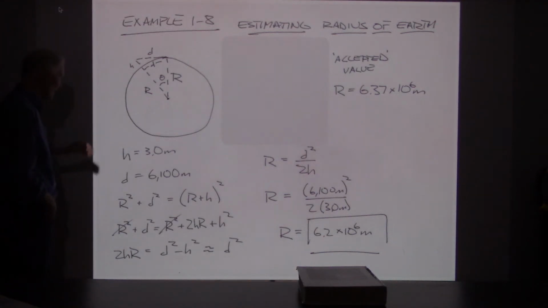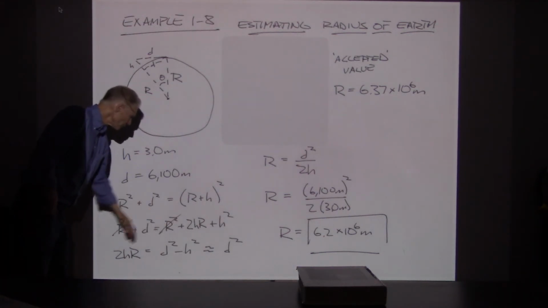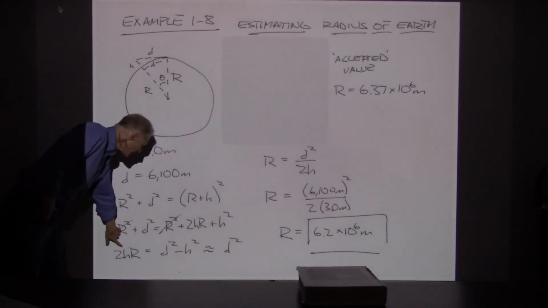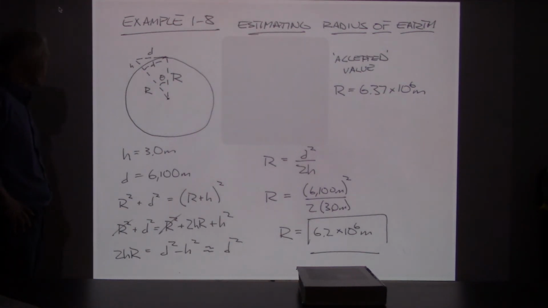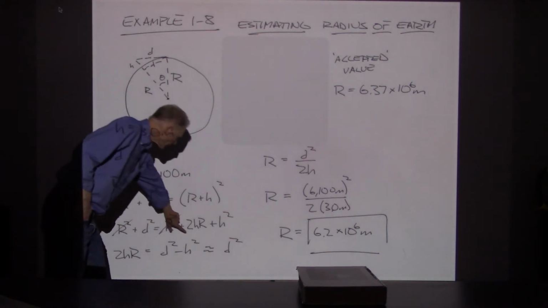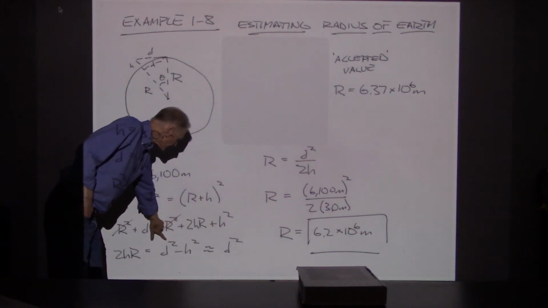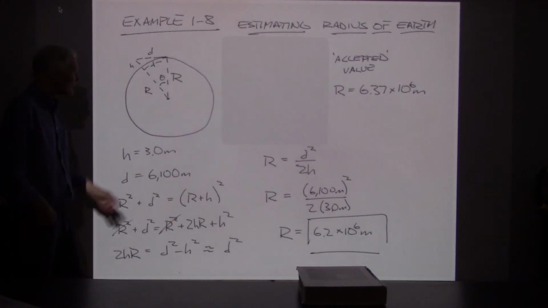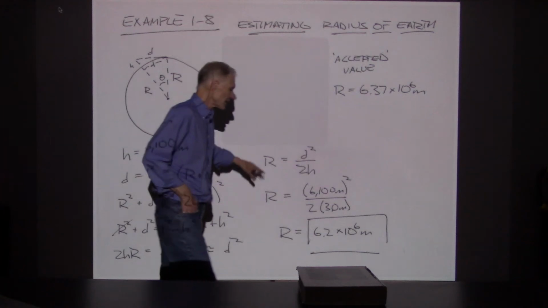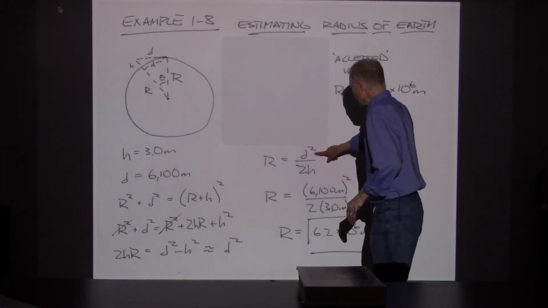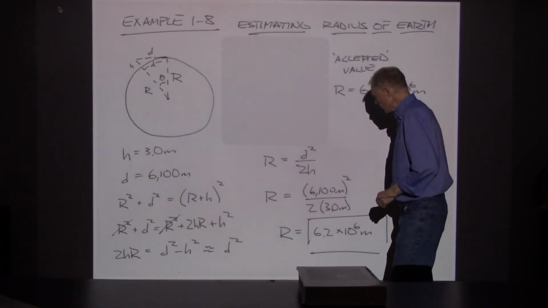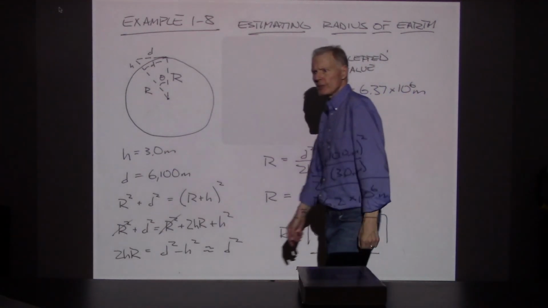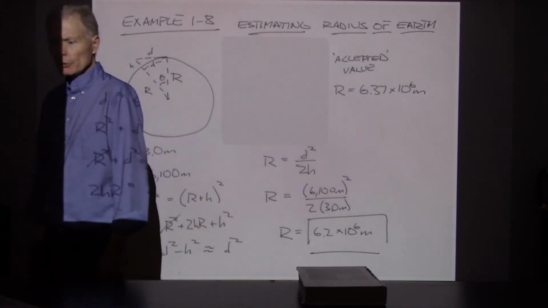When we multiply that out, the r squareds cancel, and we get 2hr equal to d squared minus h squared. Now, h squared is so tiny compared with d squared that we're going to ignore it in this calculation. That leaves us with the radius of the Earth estimated to be d squared over 2h. Putting numbers in for those gives us a radius of the Earth of 6.2 million meters.